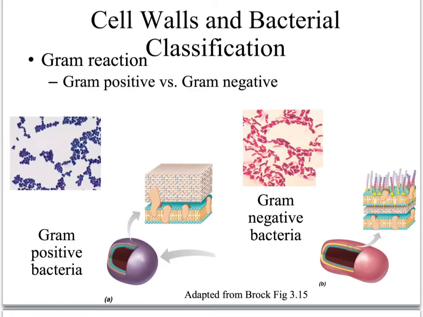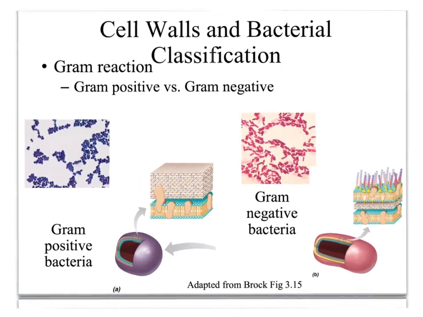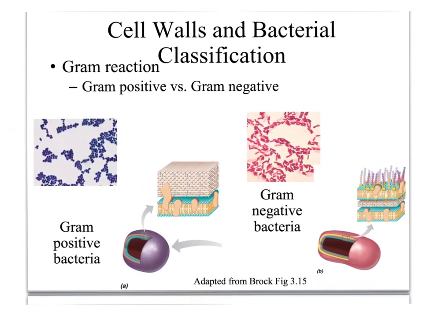Okay, so cell walls are really quite important in taxonomic bacterial classification. I'll make a little comment in a moment about how that's different from phylogenetic classification. The way that this is typically done is by something called gram reaction. Hopefully you all remember from introductory micro what a gram-positive versus a gram-negative cell is, and how to do gram staining from the lab from that course.